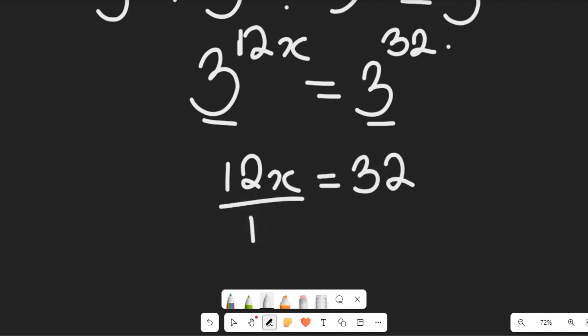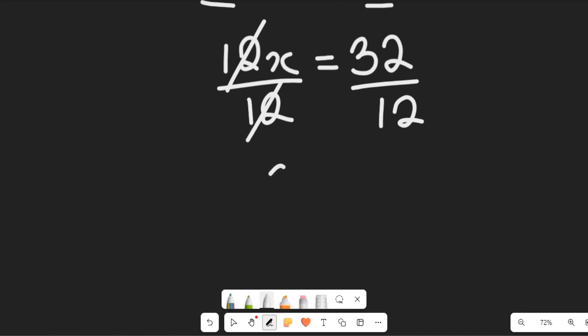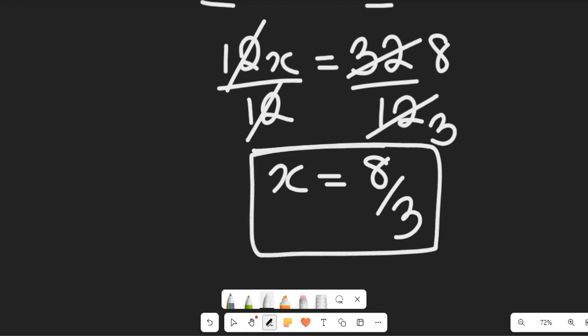Divide both sides by 12. If we divide both sides by 12, 12 clears 12. The value of x will be equal to 32 divided by 12, which is going to give us, if we divide by 4 here, 4 gives us 3, and 4 here will give us 8. So we'll have 8 divided by 3 as the solution to that expression.